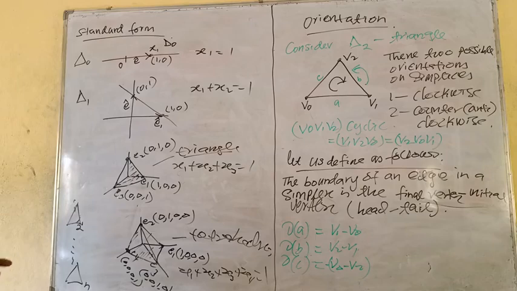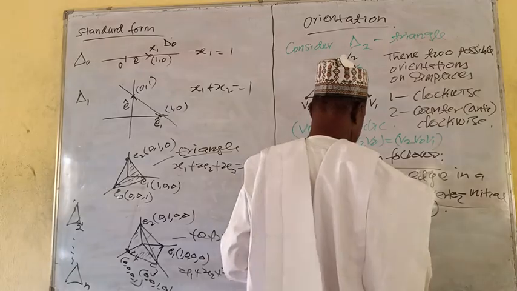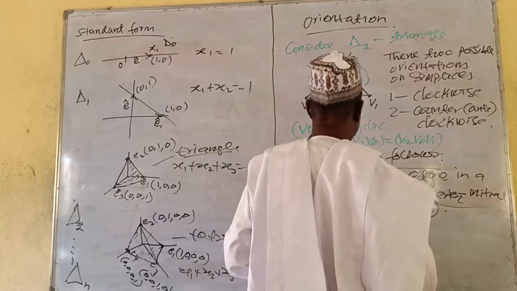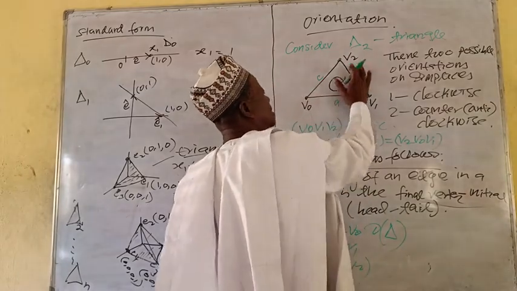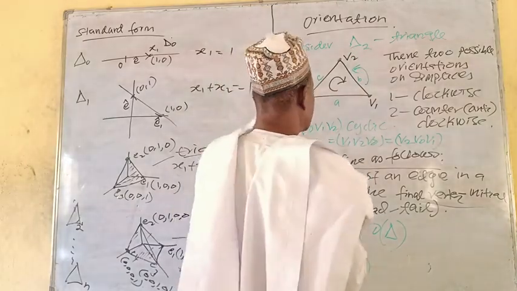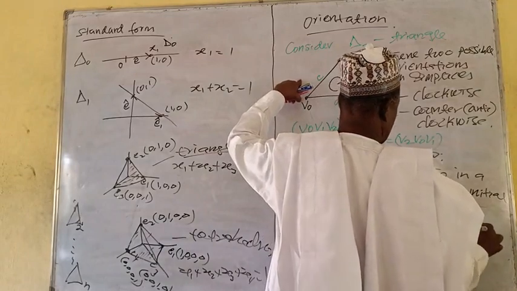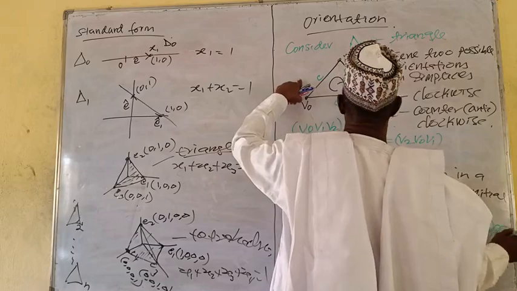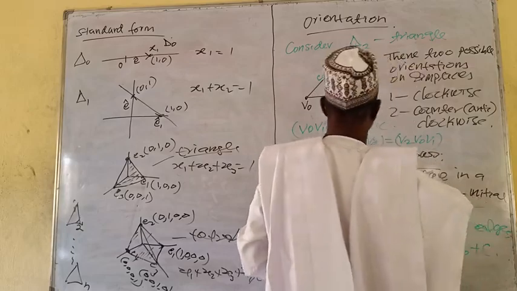Now, by boundary, I'm not talking about the boundary of the whole triangle, the whole simplex. I want it to be the sum of these edges. I want to define this as the sum of edges. That means A plus B, isn't it?